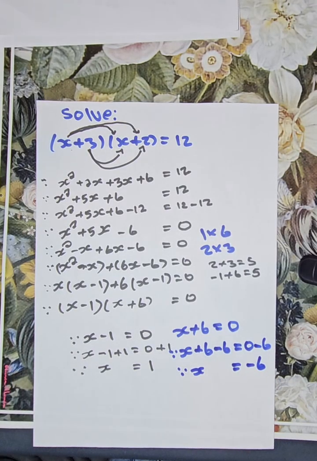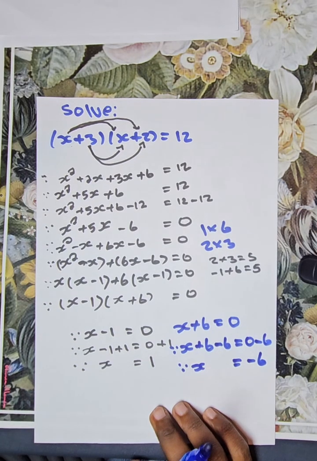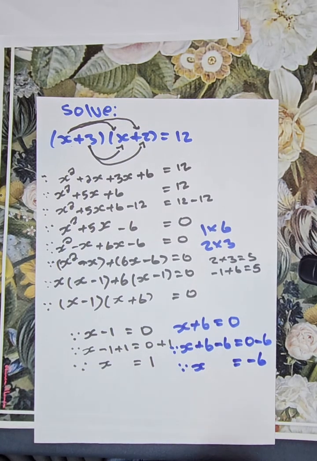Now we have found two solutions, 1 and negative 6, and we know there are two because our equation was quadratic, where the highest power of x was 2.